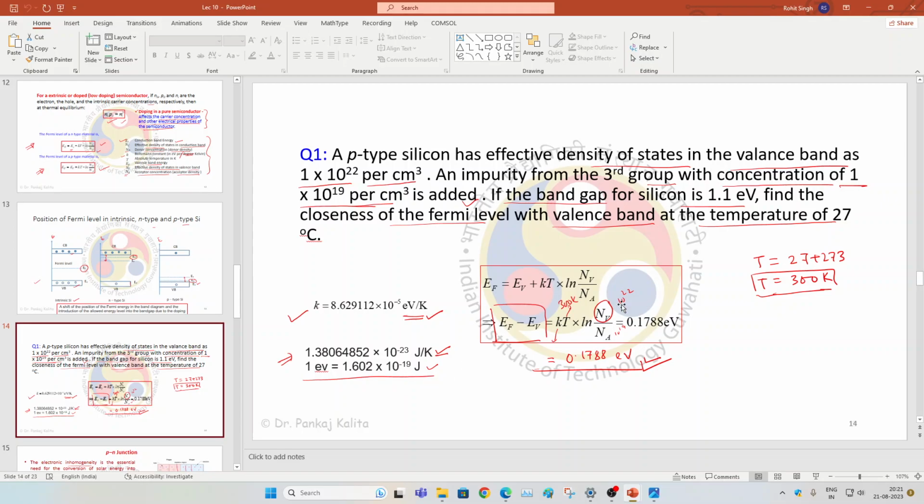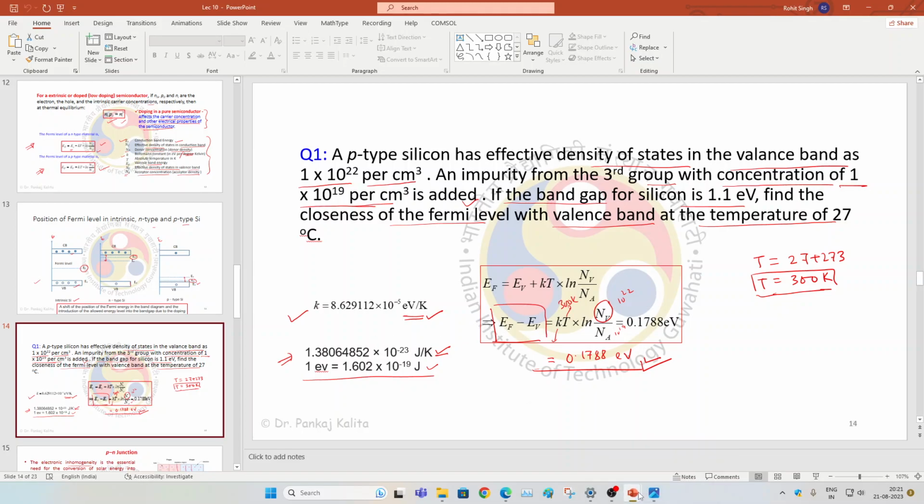T we have calculated as 27 plus 273 equal to 300. The value of NV is 1 into 10 to the power 22, and the value of NA is 1 into 10 to the power 19. So everything is given, you just have to calculate EF minus EV, that is what is being asked here.